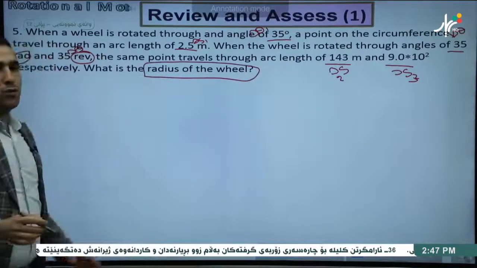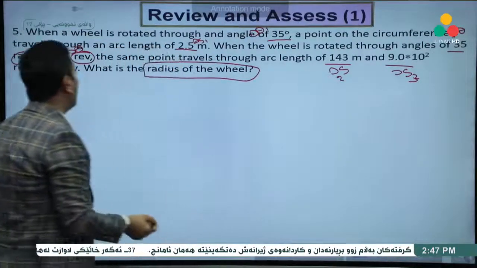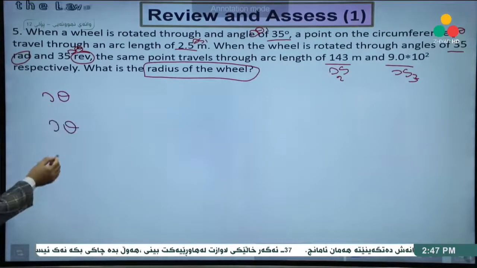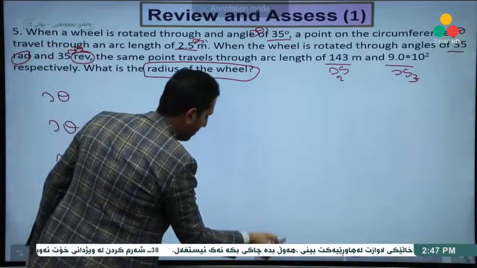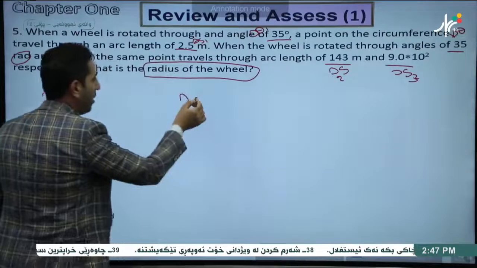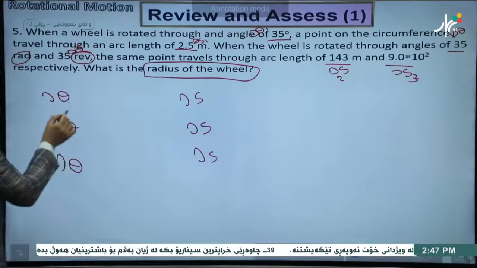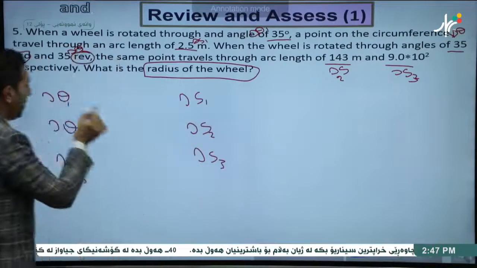You know that the radius is constant, and we have 3 angular displacements and 3 arc lengths: delta S number 1, 2, 3, and delta theta number 1, 2, 3.